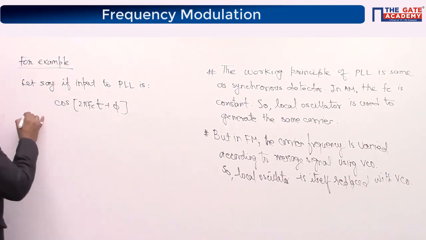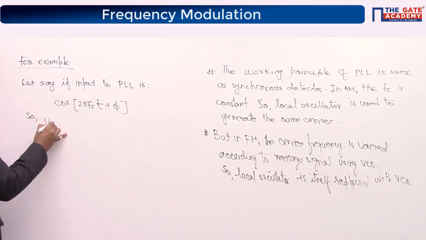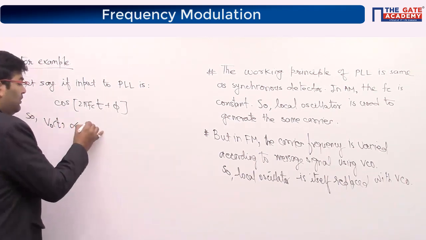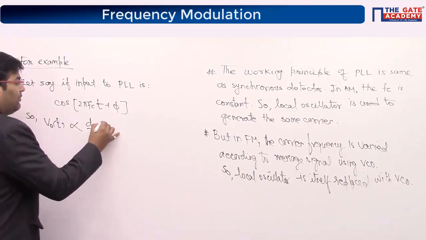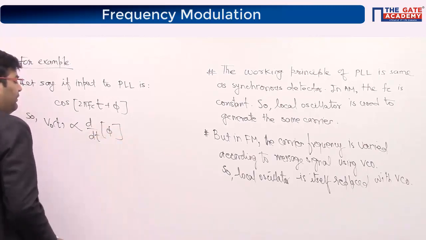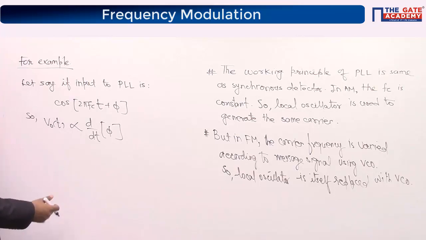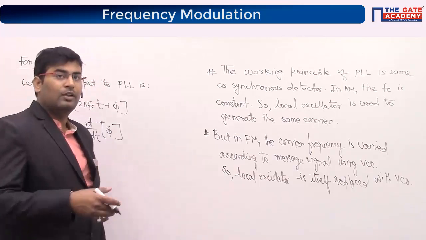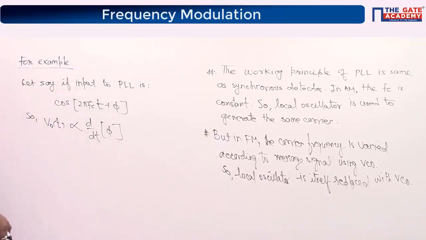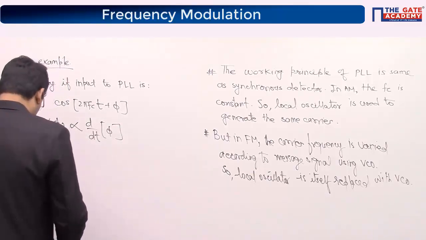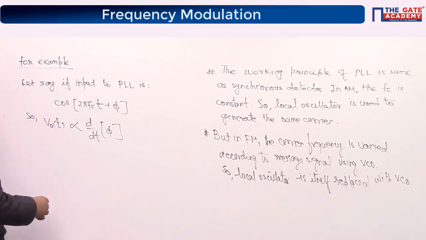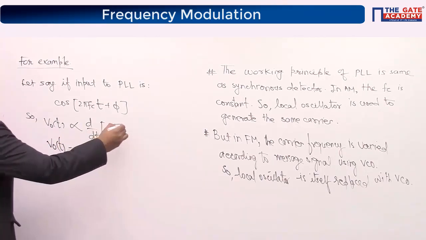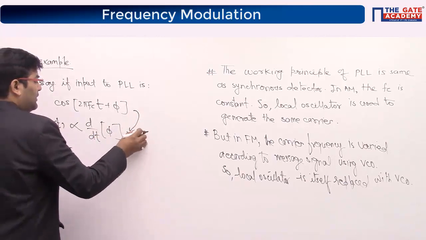So the output voltage is directly proportional to d by dt of the phase phi, because what is the full form of PLL? It is phase locked loop, so it is directly proportional to the phase. Clear? Now this is only for this.